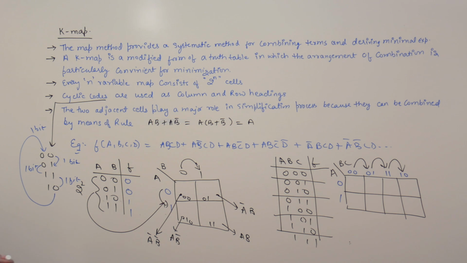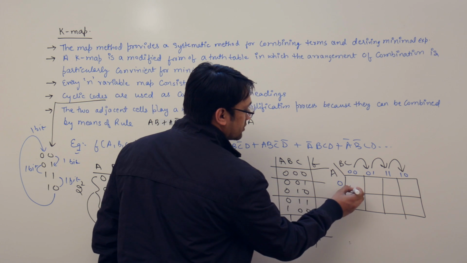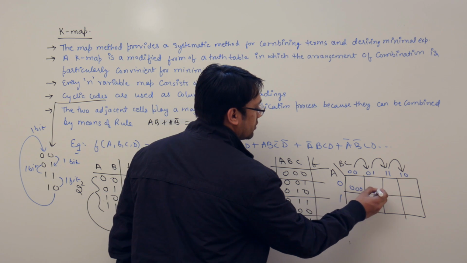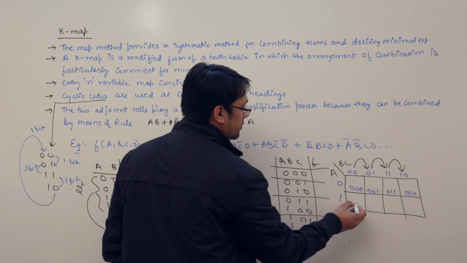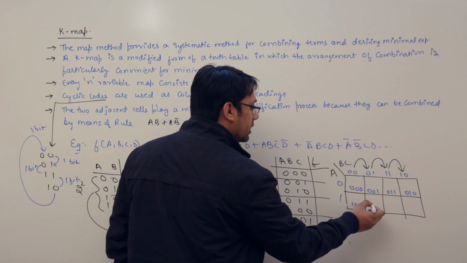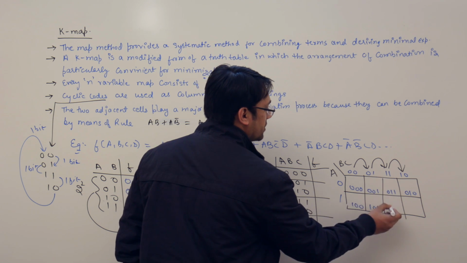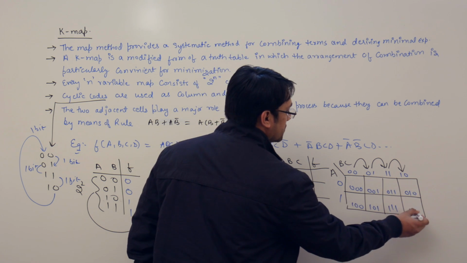If you take any 2 cells, for example, this cell is denoting 0, 0, 0, this is 0, 0, 1, this is 0, 1, 1, this is 0, 1, 0, this is 1, 0, 0, this is 1, 0, 1, this is 1, 1, 1, and this is 1, 1, 0.